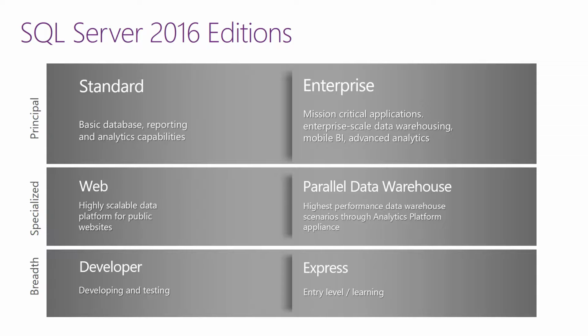Let's have a look at the licensing models that govern the different editions of SQL Server. So let's start with the Standard Edition, and the first model a customer could choose is the Server and CAL licensing model. Now I'm sure you're probably familiar with this licensing model, but what we'll do in subsequent slides is look at some key points that apply to SQL Server 2016.